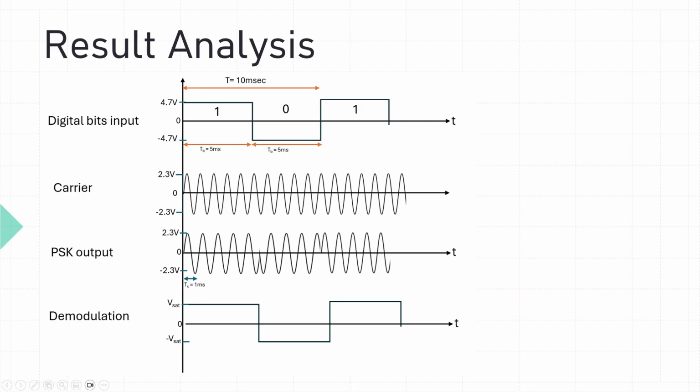Here you can write the result of the experiment you obtained. That's all about the three experiments in digital communication: ASK, FSK and PSK using transistors and op amp.